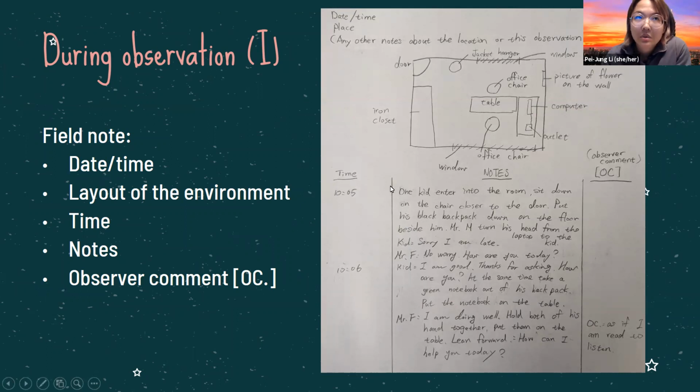You don't necessarily have to capture minute by minute, because that is definitely not people's on-site experience time, but you definitely want to capture some of the critical moments when you notice very important things happening. Then you probably want to quickly jot down the time. And these would also help you later on. If you go back to your recording, you will be able to align the times with the recordings.